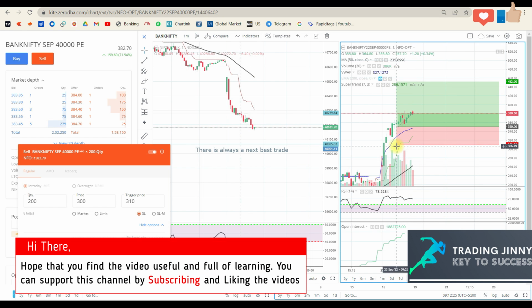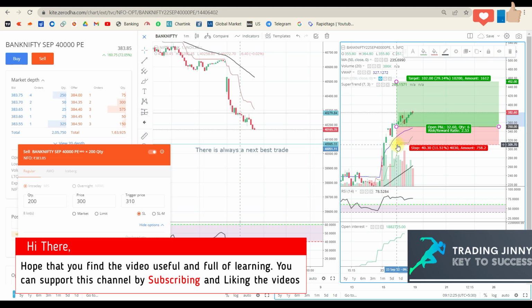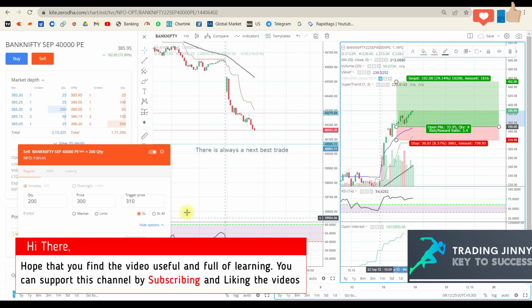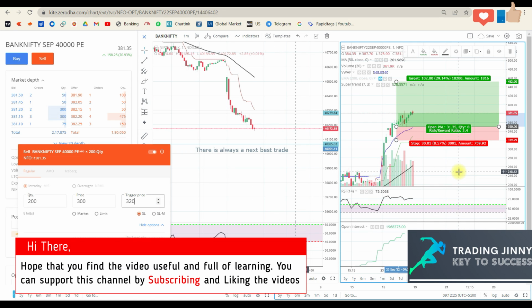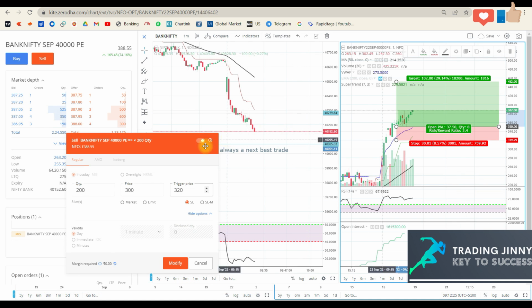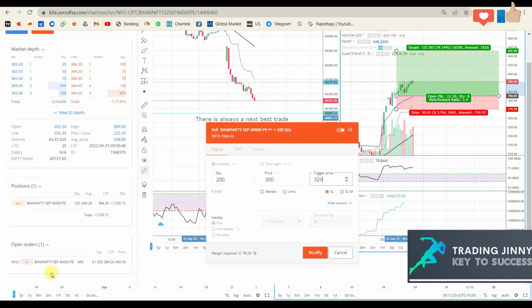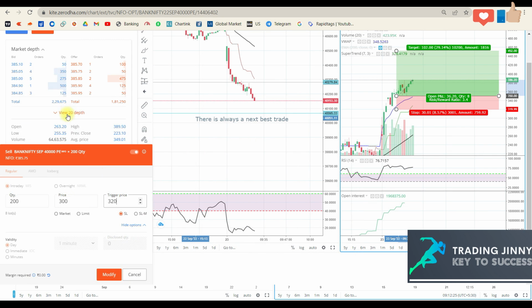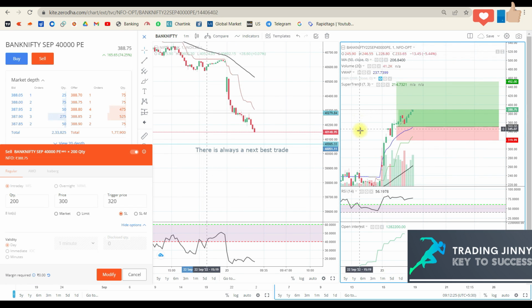Maybe I should slightly reduce my stop loss, maybe decrease it by 10 points. And my target is set at 450 rupees, which is 100 points. So I think I should be able to get that.